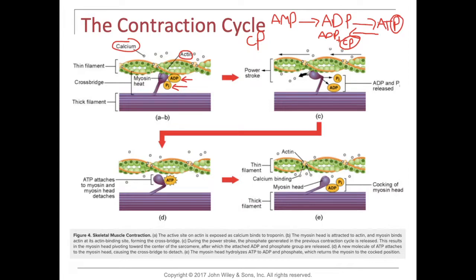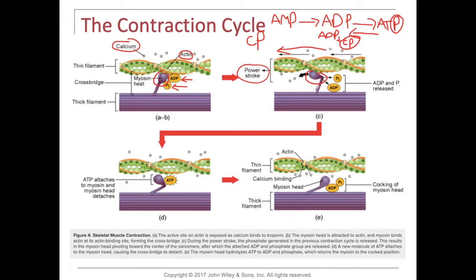So now, over here to the right, look at the positioning of the myosin head here, and look how it changed here. Remember the hinge? It flicked. So it created this power stroke moving actin in this direction.